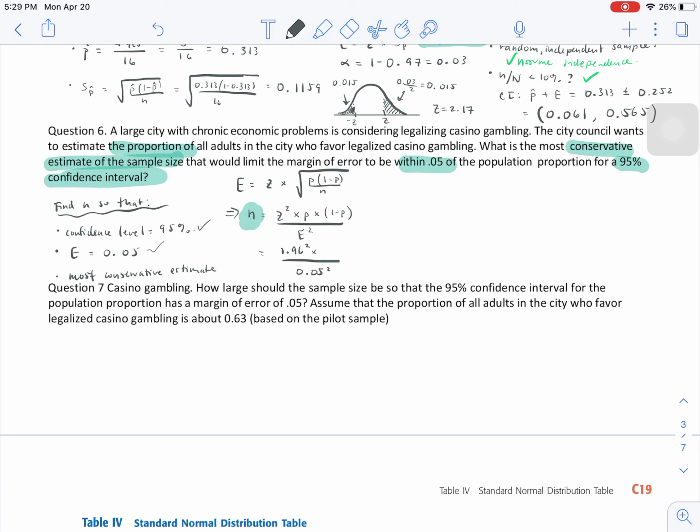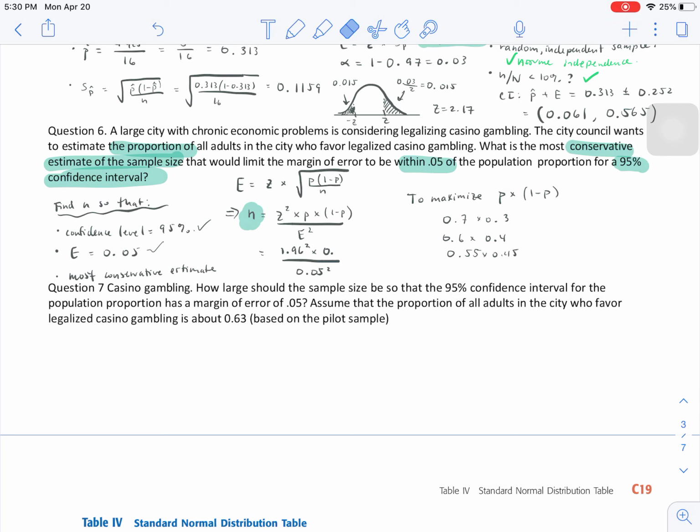And you can experiment with this on your own, but to maximize the quantity p times 1 minus p, you can try it out yourself. You can try 0.7 times 0.3, for example, 0.6 times 0.4, 0.55 times 0.45.